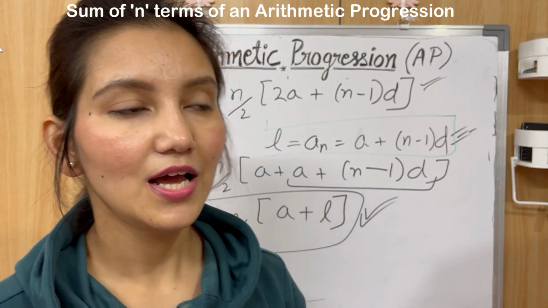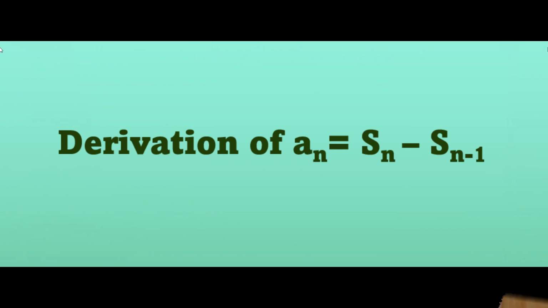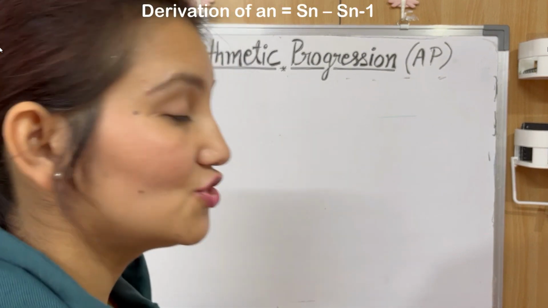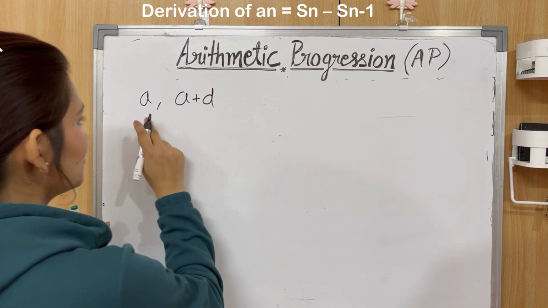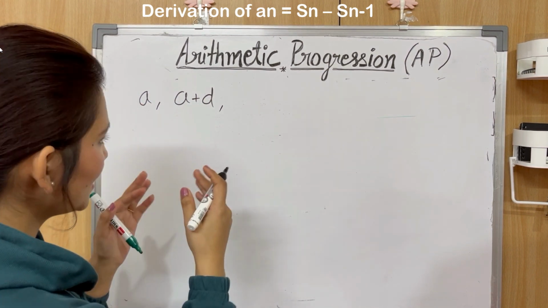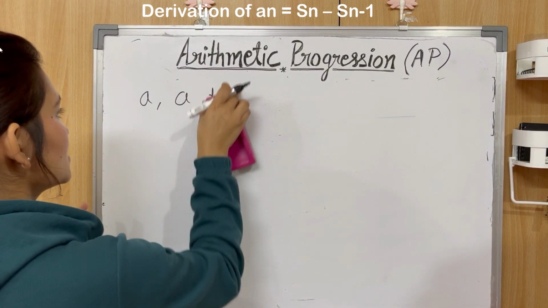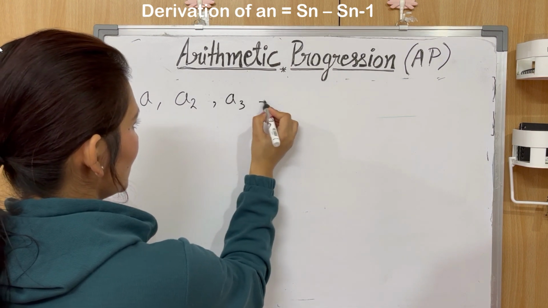Okay, cool. Now let's talk about one more formula the chapter has. Let's consider a general AP: a, a plus d, the first term, second term. Instead of writing a plus d, I'll write it as a2. So the first term is a, this is a2, then a3, and so on.